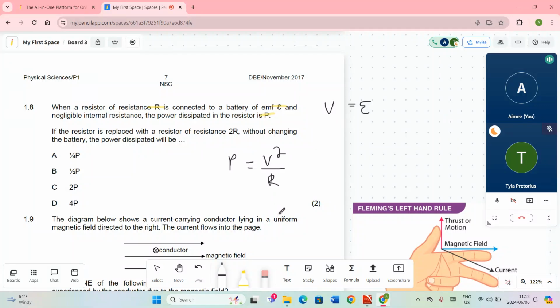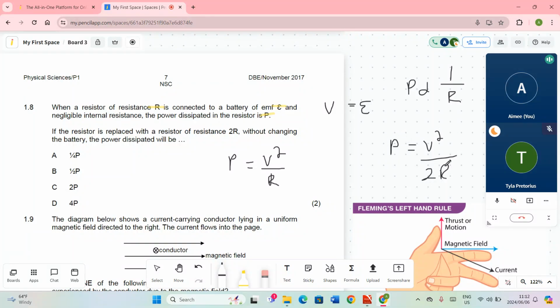And they say, okay, well, if I change my resistor to a resistor of 2R, so in other words, P is equal to V squared, because everything else will stay the same, over 2R. How will changing my resistance to 2R implicate my power? And you can see from this formula that power is inversely proportional to resistance. Why? Because on this side of the formula, we've got power in the numerator position.